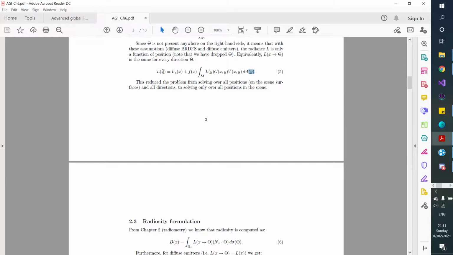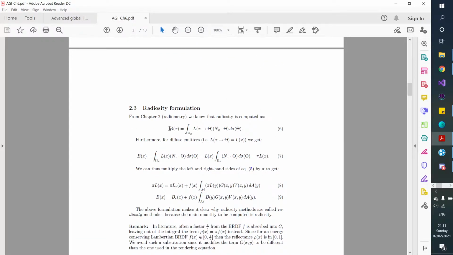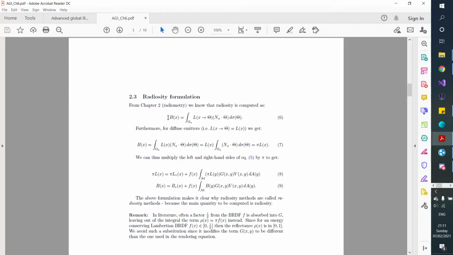Let's continue then. From this we'll get to a radiosity formulation. How? Well, let's remember what we saw in chapter 2 from radiometry, that radiosity is defined as an integral over a solid angle of the radiance multiplied by the cosine.